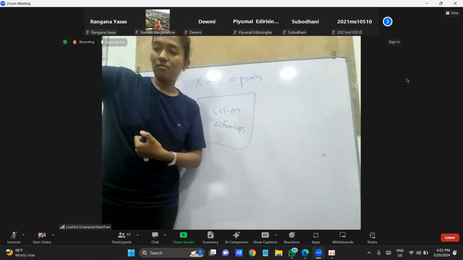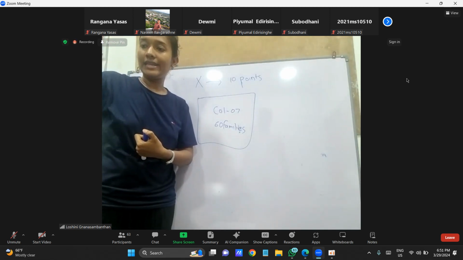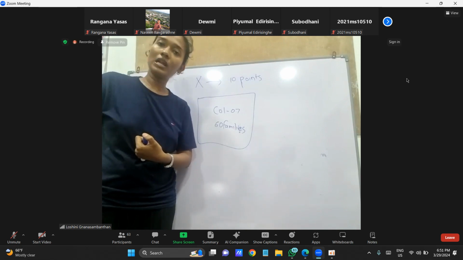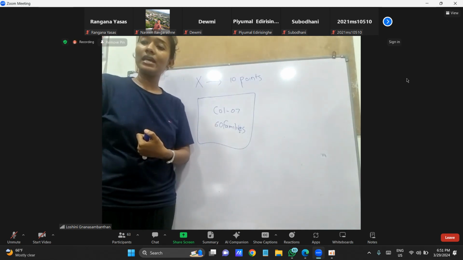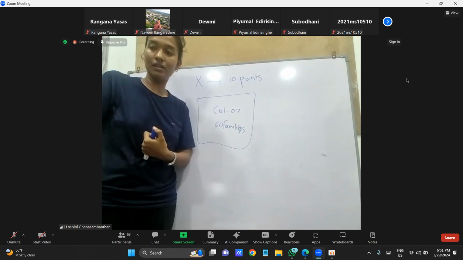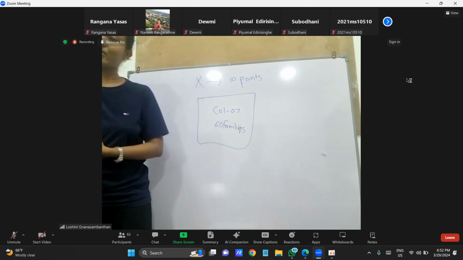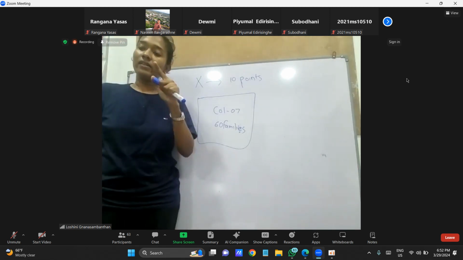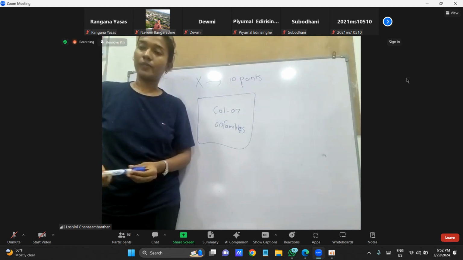Can you see there are 10 X values? 80, 100, 120, up to 260, there are X values, right? Then you have the weekly family consumption expenditure also, right?